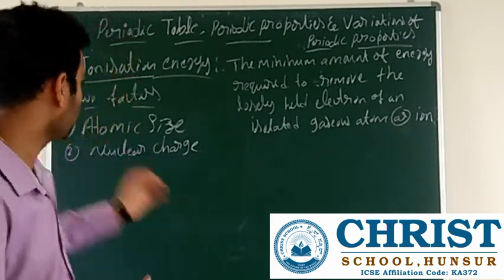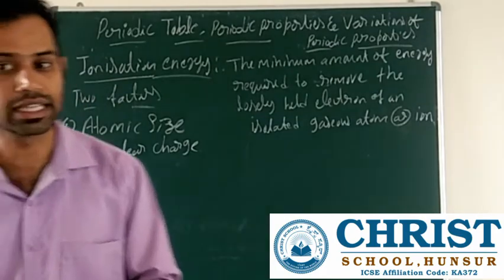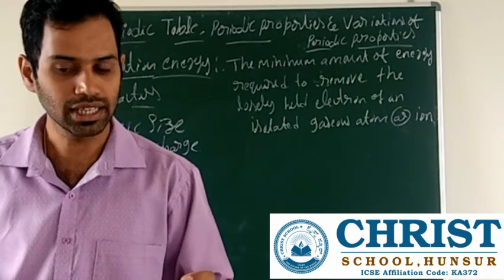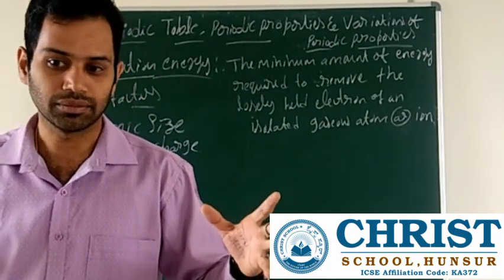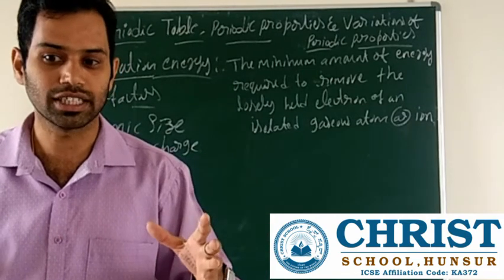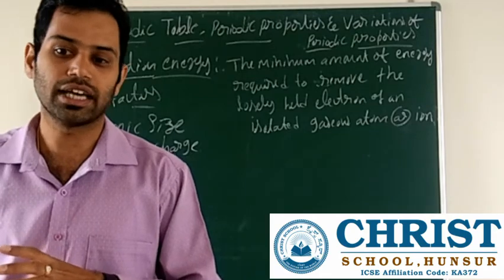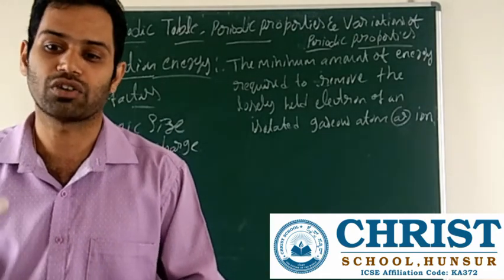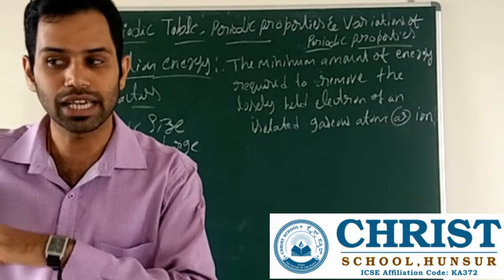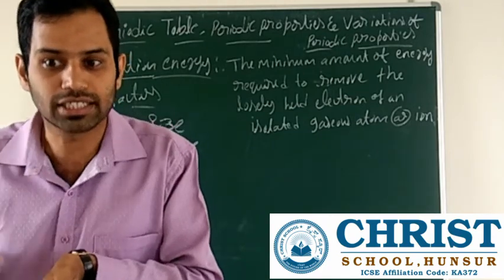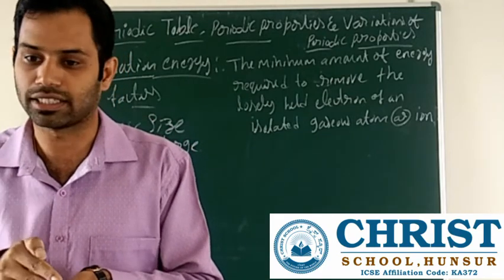So as the atomic size increases, and why does atomic size increase? Because of the addition of new shells, is it? Then a minimum amount of energy is required, because as the atomic size increases, nuclear pull decreases.